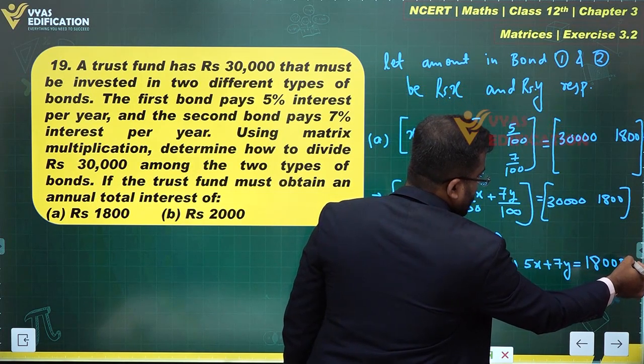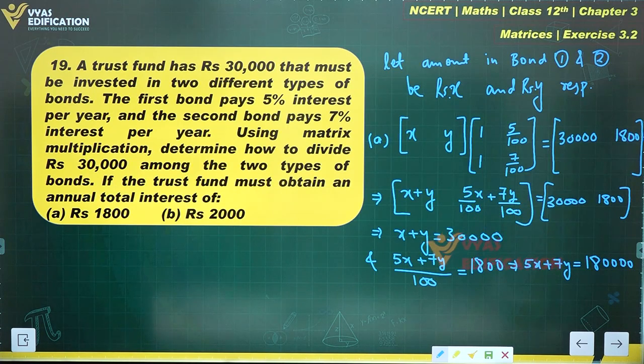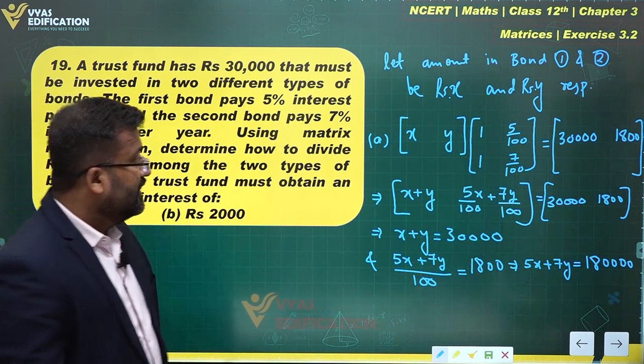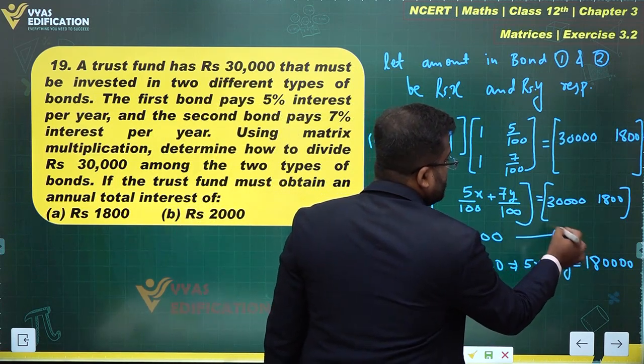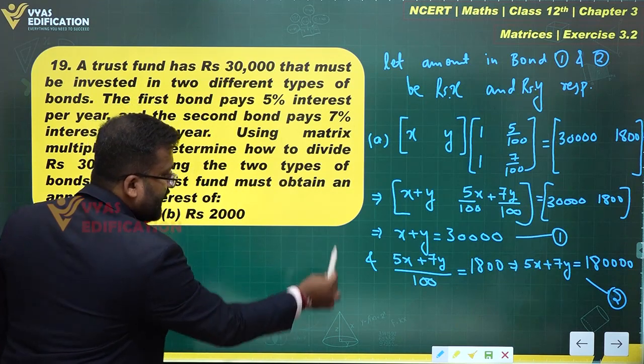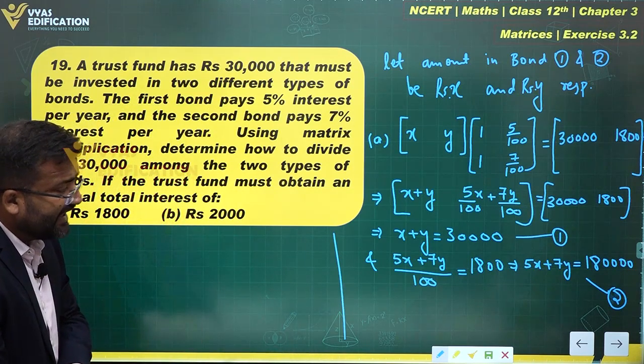Yes, this is what you get. Note this carefully. Yes, this is 1,80,000 and x plus y is 30,000, right? This is equation number 1 and this is equation number 2. Using equations 1 and 2, I can do the remaining calculations over here and we can get the values of x and y.